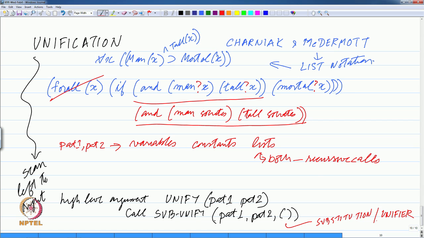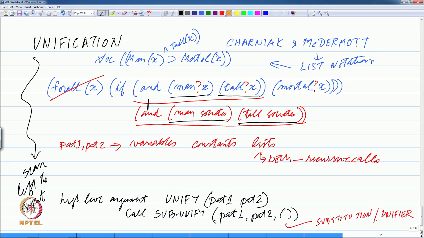So, we will first try to unify and with and, then this sub list with this sub list, which will be done recursively, and this second sub list with the second sub list here essentially. Both must be of the same length, which I have not written here, because you cannot unify two lists of different length. Then you can unify them piecewise in a recursive fashion. So, call sub unify with the first one, then with the second one, then with the third one in this example, and at all stages keep augmenting the substitution that you are finding essentially.